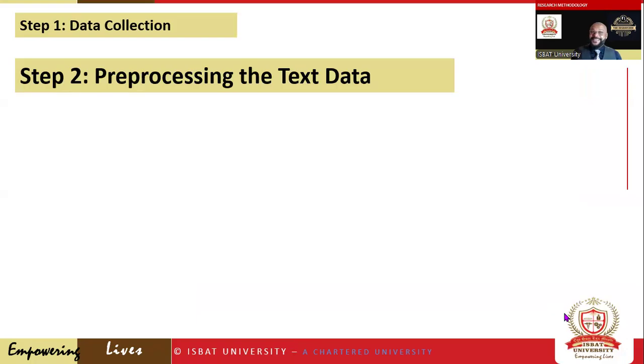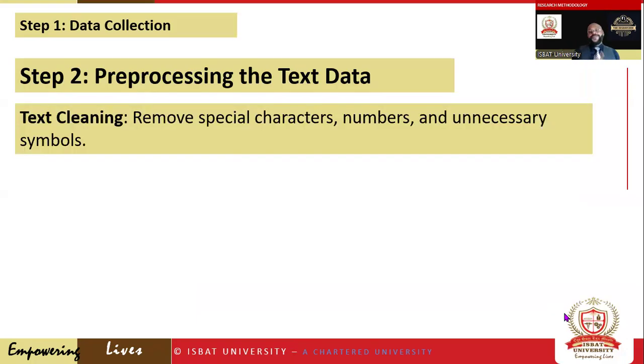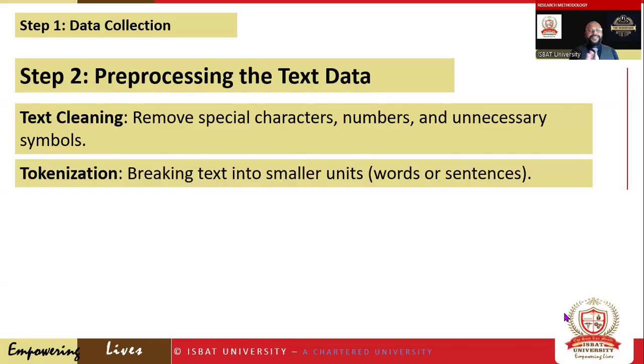Now, once you get the data, you have to do the pre-processing of the textual data. How do I do it? One is called text cleaning, because we don't want numbers, we don't want hashtags, and if you look at almost all things, we can see emojis. So we don't want any special characters, numbers, and unnecessary symbols. So we clean that. Then we do tokenization. What is tokenization?